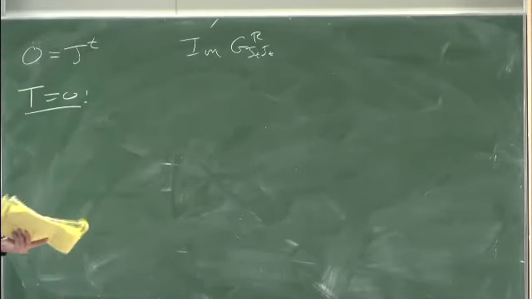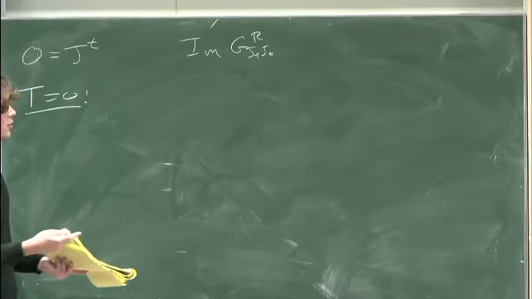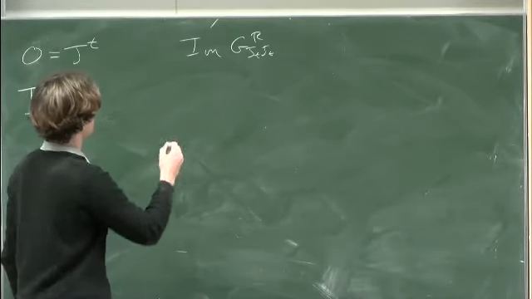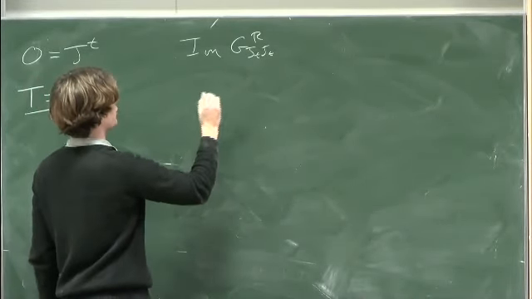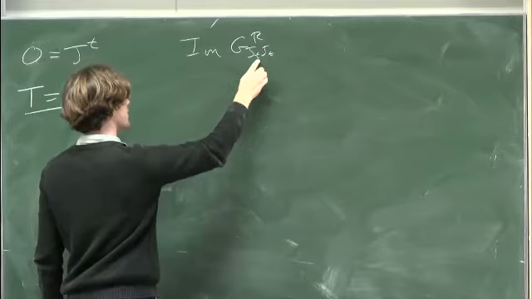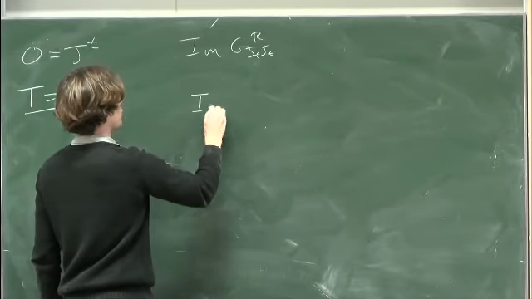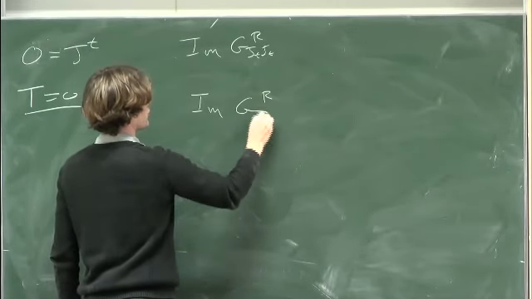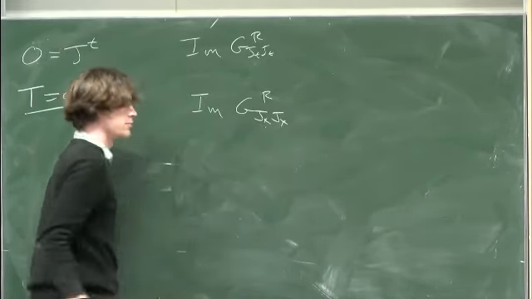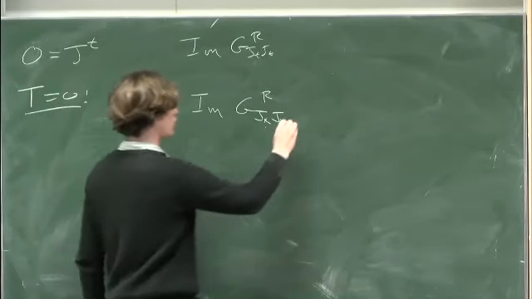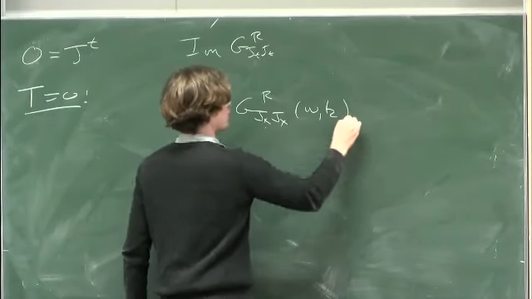Using essentially the same methods that I showed in the first lecture, how you calculate these retarded Green's functions, it turned out that a simpler thing to calculate than the density is the Green's function of the x components of Jx, as a function of omega and k at T equals 0.